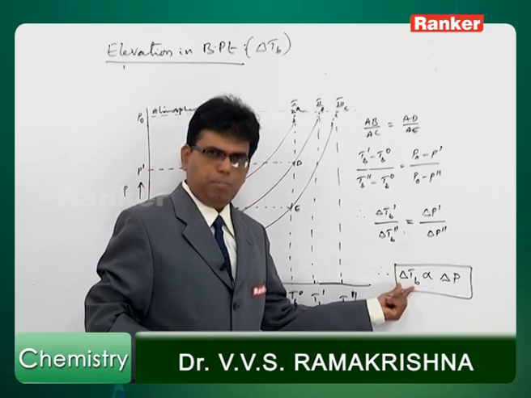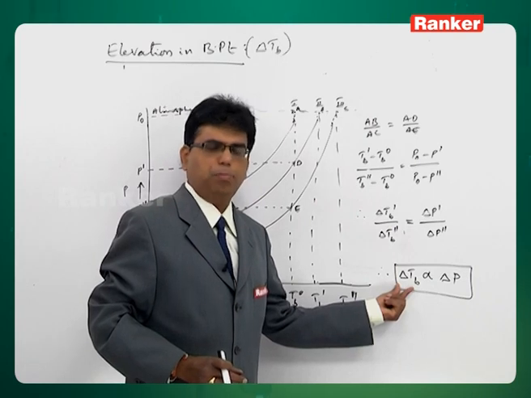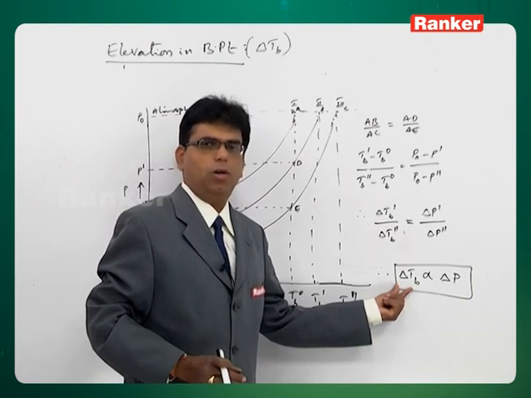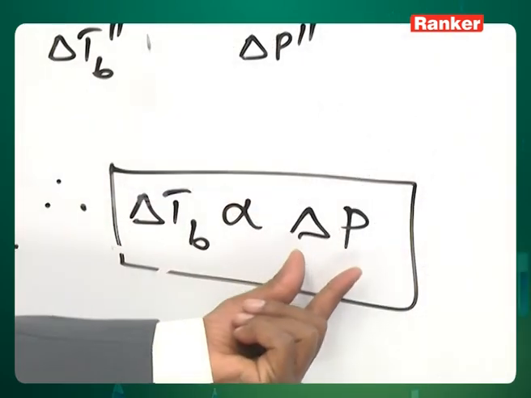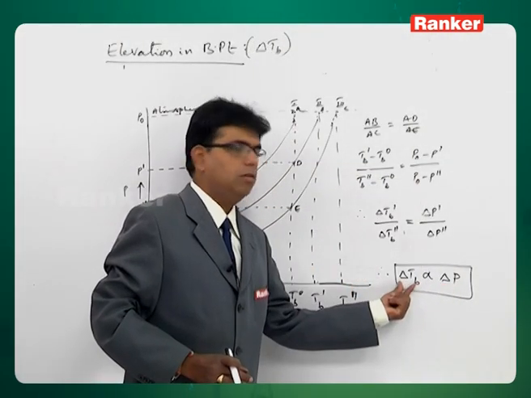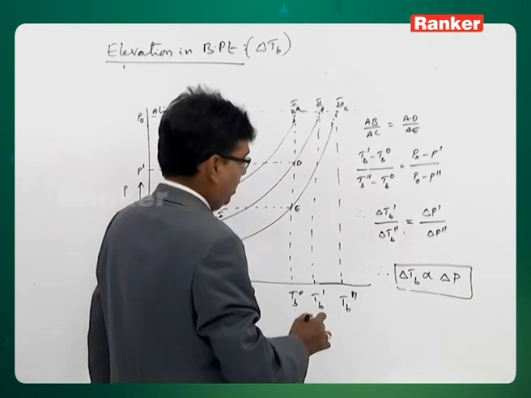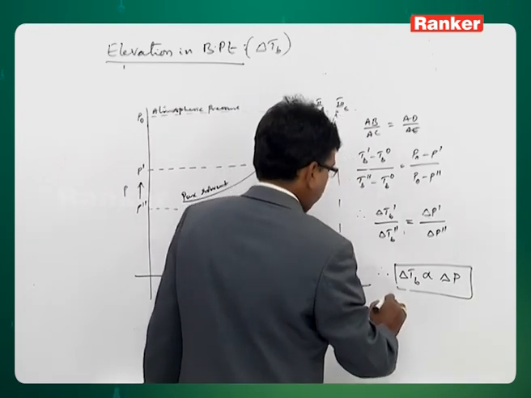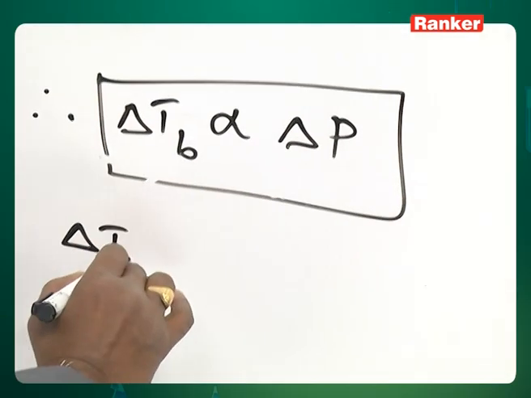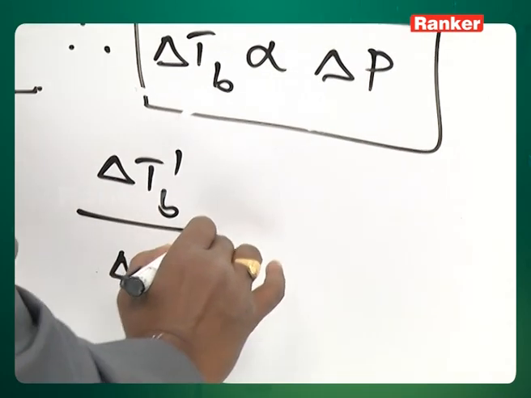So the statement now we can give it like that: to a pure solvent, when a non-volatile solute is added, not only its vapor pressure increases, but also its boiling point increases, right? Now this I will write as delta TB dash by delta TB double dash.